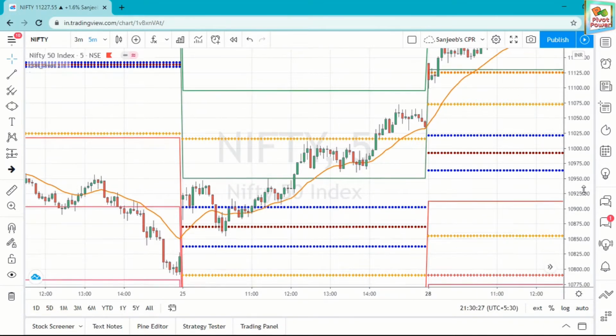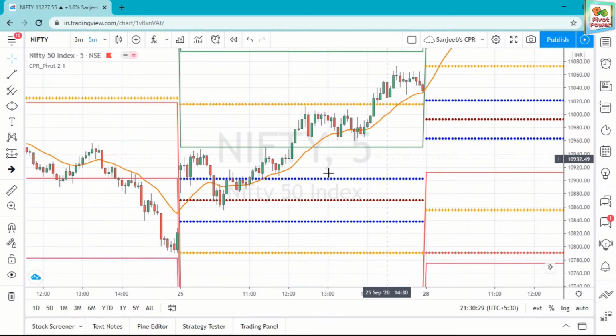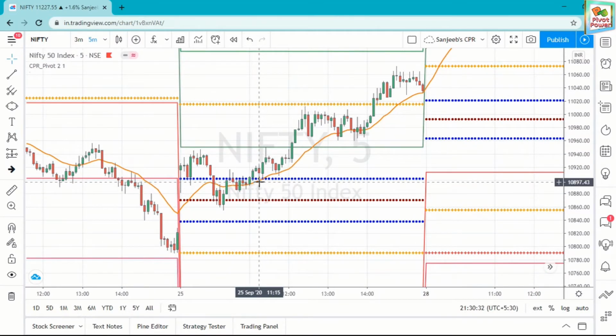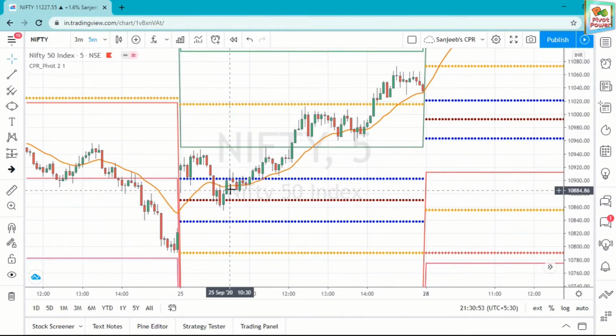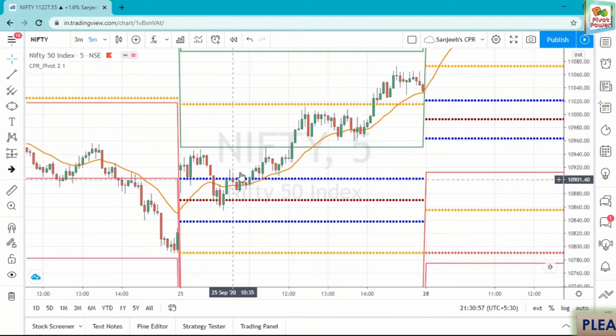The 20 EMA strategy is that if the price comes near the 20 EMA, then the entry should be there. See, here the price is up and coming down, then it comes up and comes near the 20 EMA.